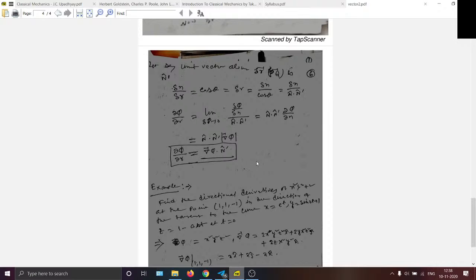That means delta r is delta n divided by n cap dot n prime cap.